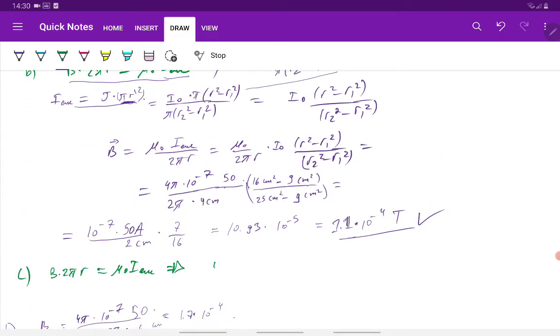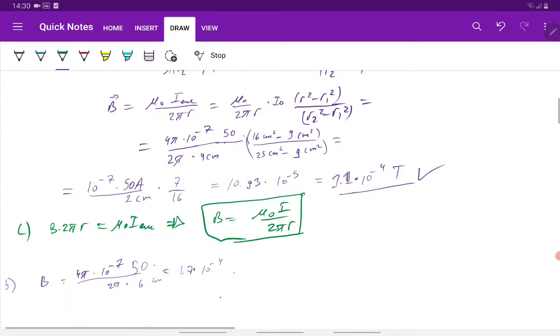So we have B equals μ0 I over 2πR. I've just calculated it, substituting all the values for R equals 6 centimeter, and I obtained 1.7 × 10^-4.